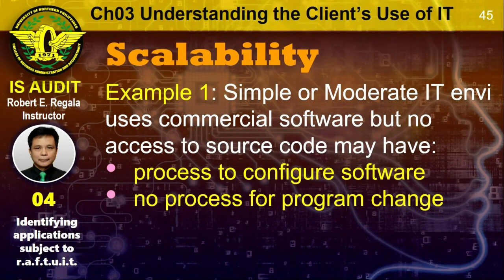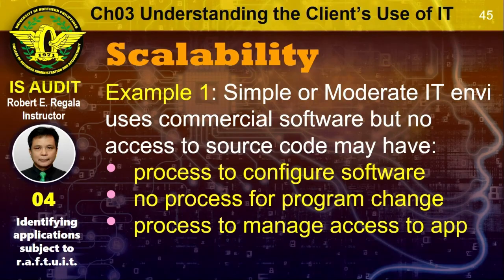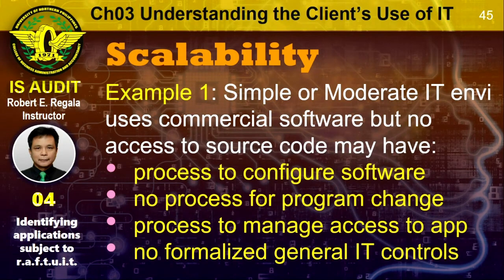In addition, the entity may have a process or procedure to manage access to the application. For example, a designated individual with administrative access to the commercial software. In such circumstances, the entity is unlikely to have a need for formalized general IT controls.